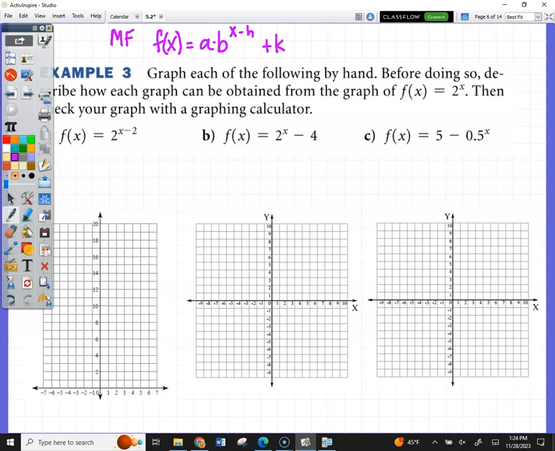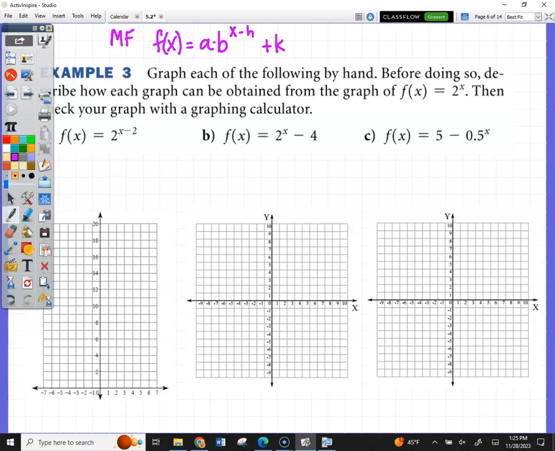It should look very familiar to the vertex form of a quadratic. Numbers in each of those positions do different things. A is a multiplier in the front, which can be a -1, which means we're reflecting, or an actual number like -2 or +4 or a fraction, 1/2.